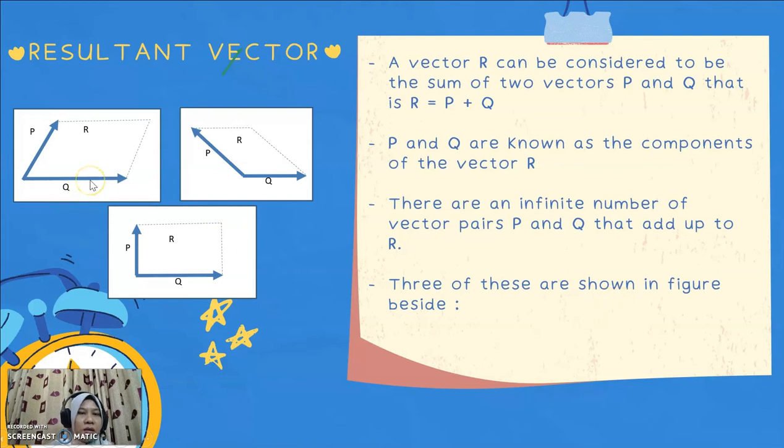Let's look at figure 1. This is the vector R, which is the sum of vector P and vector Q. We can find the resultant R by using the parallelogram method.